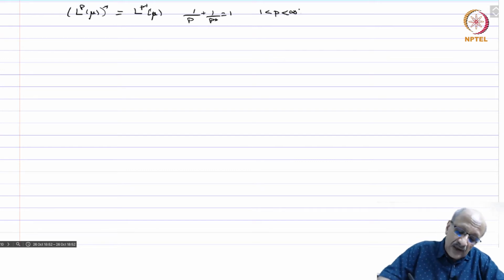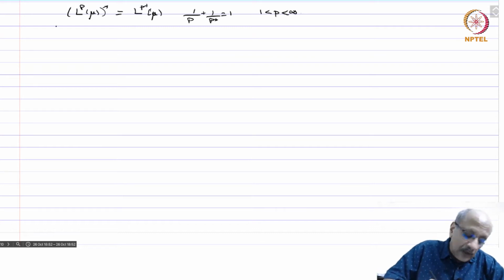At that time we said that we are not considering the case of L1, which requires some measure theoretic arguments and so on. So now in the case of L^p(omega) we will prove this.